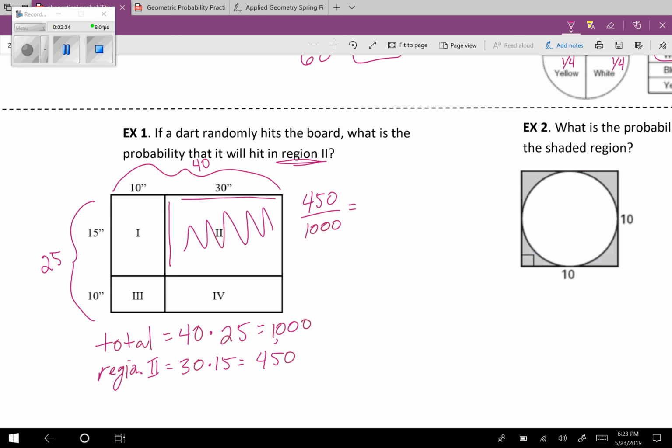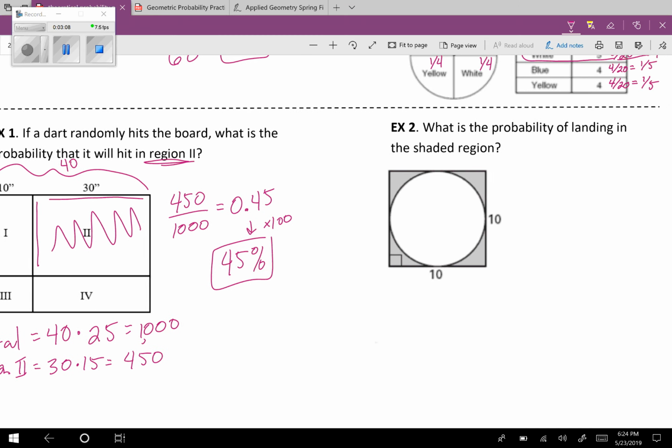So we'll do 450 divided by 1,000, and you should get 0.45, and then multiply that by 100, and you'll end up with 45%. So for geometric probability, I want you to do these in terms of percents. Take the fraction, turn it into a decimal, and multiply that by 100, and you will get your percent.